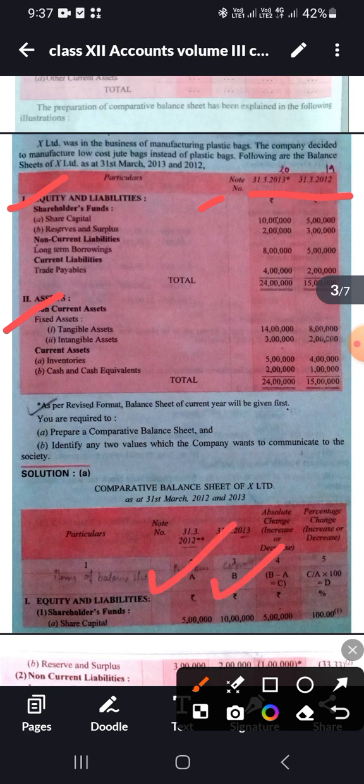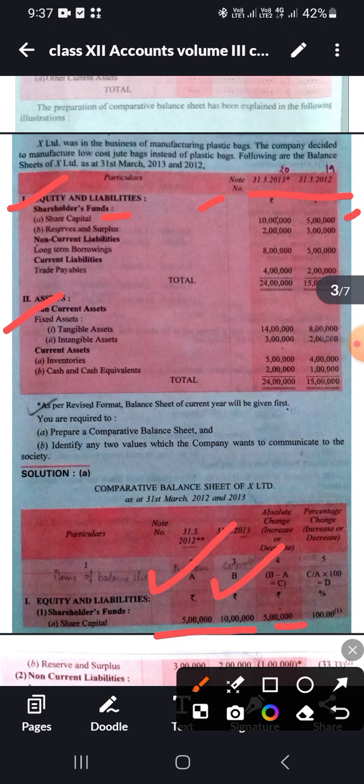First of all, we are taking one example that belongs to share capital. 2012 में उसका बैलेंस गिवन है 5 लाख, एंड देन 2013 में उसका बैलेंस गिवन है 10 लाख। आपने उस बैलेंस को एज इट इज़ ए एंड बी कॉलम में पुट कर दिया। देन यू हैव टू फाइंड सी, दैट इज बी माइनस ए। 10 lakh minus 5 lakh is equal to 5 lakh.